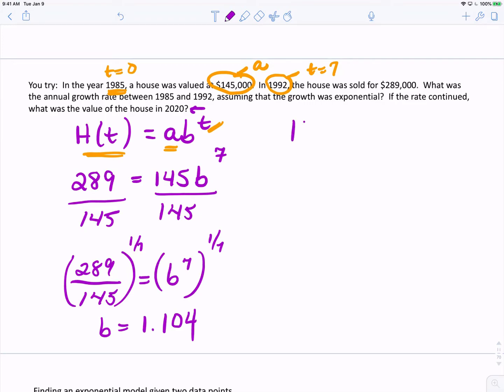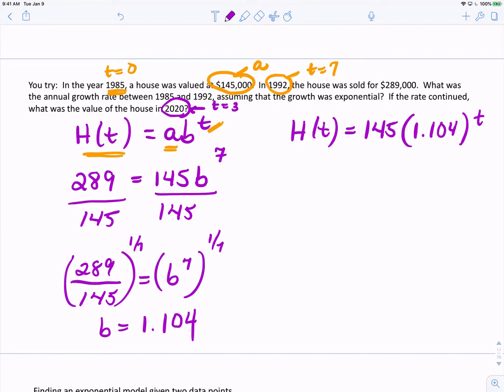So the value of that house could be modeled by this function. H of t is equal to 145 times 1.104 to the t power. If we wanted to figure out the value of the house in the year 2020, 2020 is 35 years later.